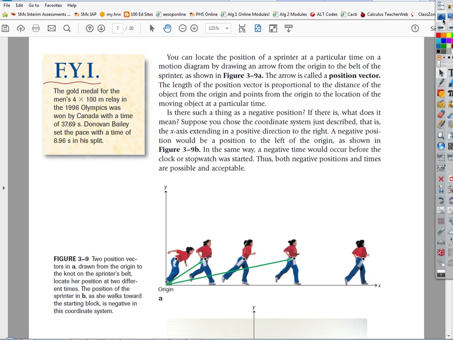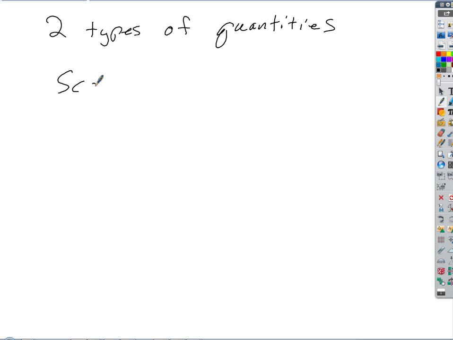Let's write this stuff down. This sounds like maybe we need to at least review this just a little bit. There are two kinds of quantities that we deal with in physics: scalar and vector.